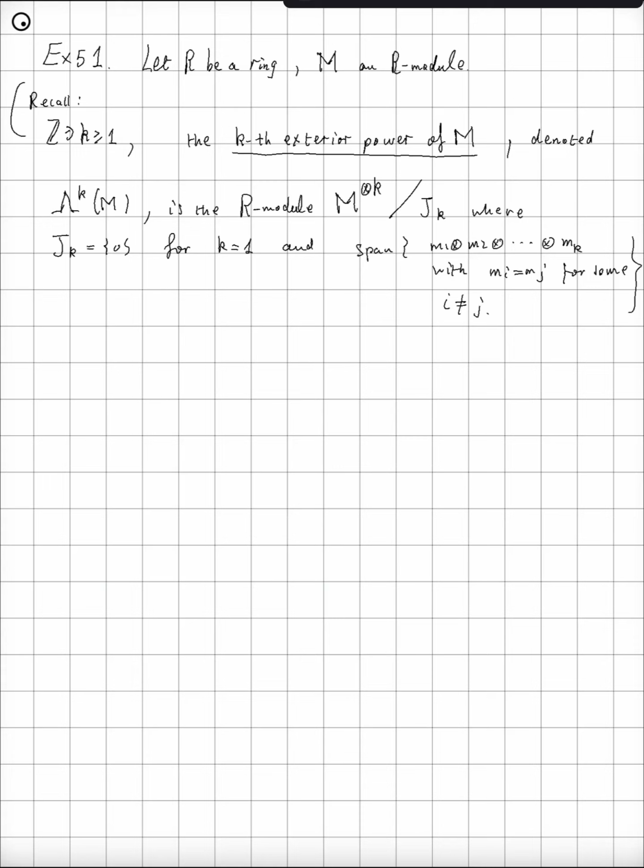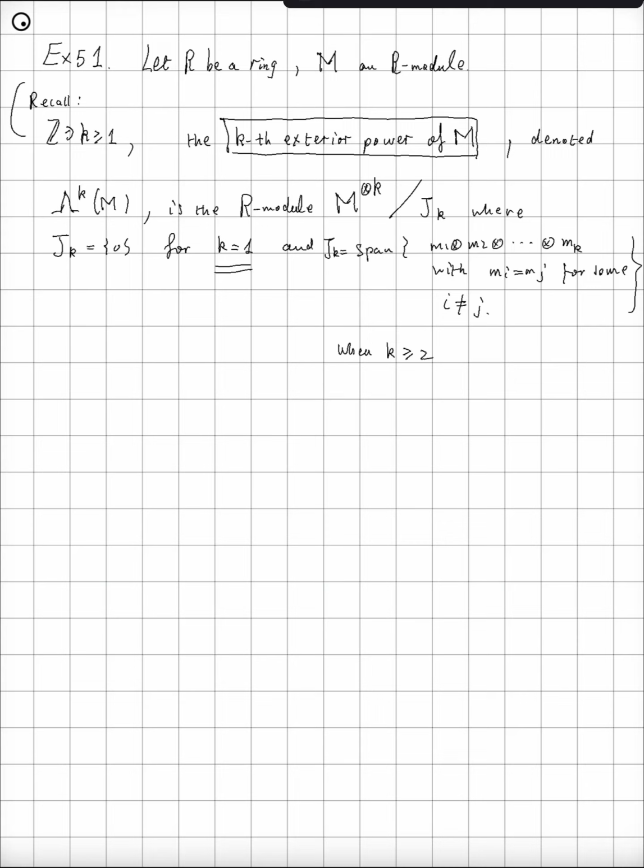So this is one way to define this exterior power, using the tensor product and a quotient of the tensor product.